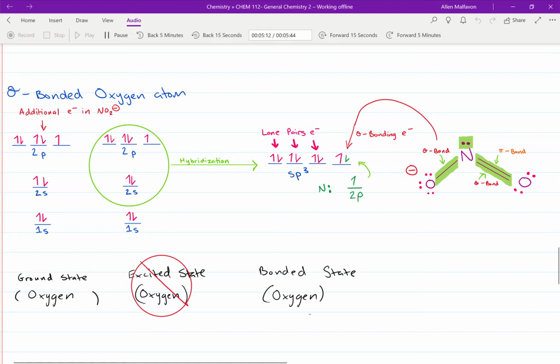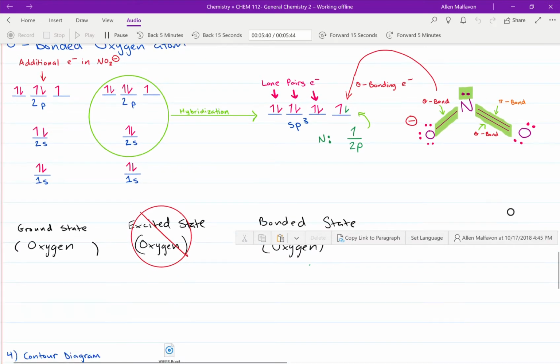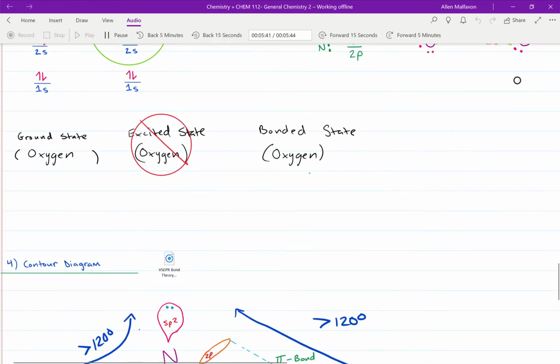So we will have 3 lone pairs plus a shared pair of electrons between the oxygen's sp3 orbital and the nitrogen's sp2 orbital. This is further exemplified in the contour diagram below. I think it'll be clearer to you what the shape of this nitrite ion will look like.